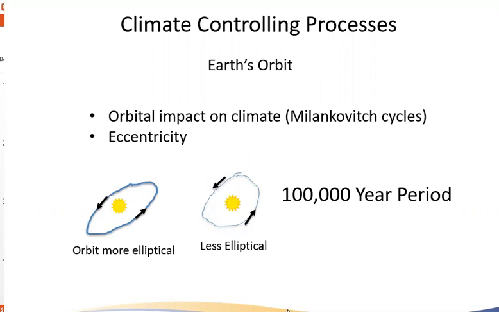Eccentricity is just the shape of the Earth's orbit around the sun, and it fluctuates on a cycle of about 100,000 years, the fluctuation caused primarily by the gravitational attraction of the other planets in the solar system. And that alters the distance of the Earth from the sun. The orbit varies from nearly circular, which is the fried egg you see there on the right.